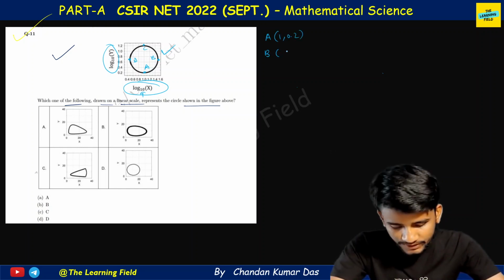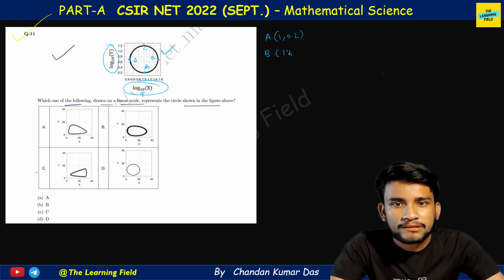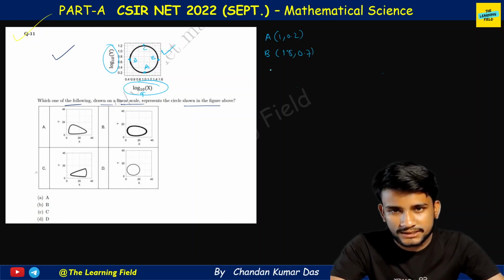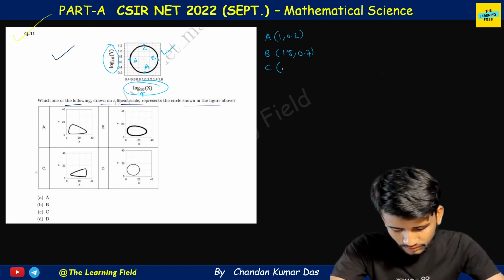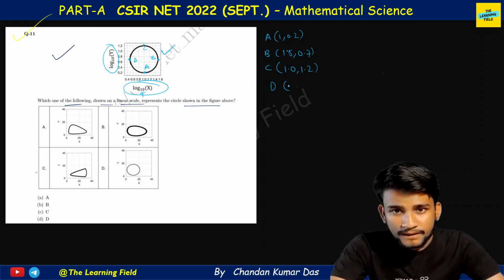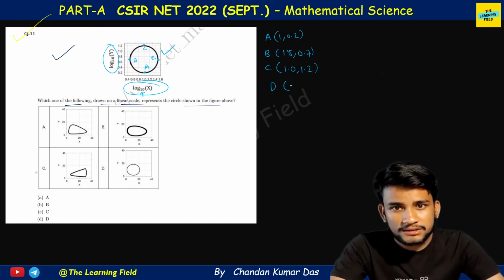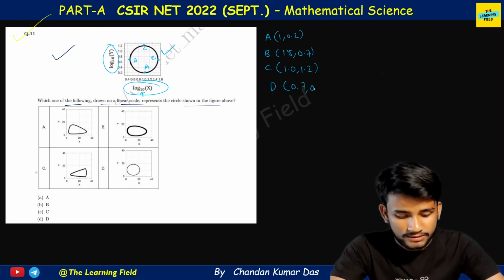The coordinate of B in the log scale is 1.5 and 0.7. You can see the figure. So C is 1.0, 1.2, and the point D is 0.7 and 0.5.